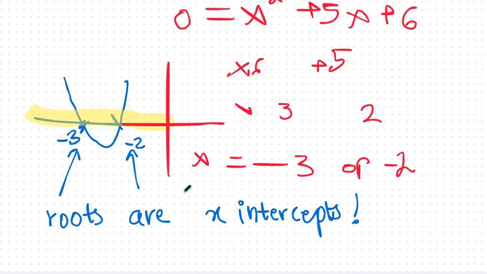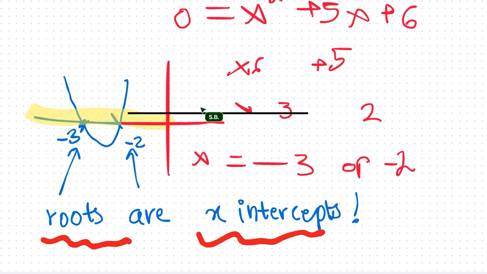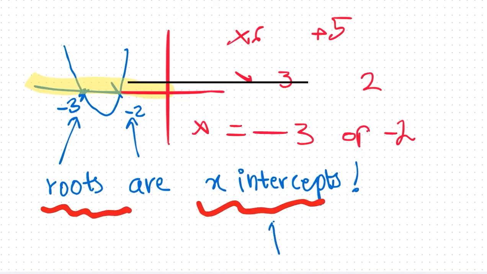So the roots, which you call the solutions, the x values, are called x-intercepts. This is not just for quadratics, but functions in general. Roots means x-intercepts. For absolute value equations also it is the same.